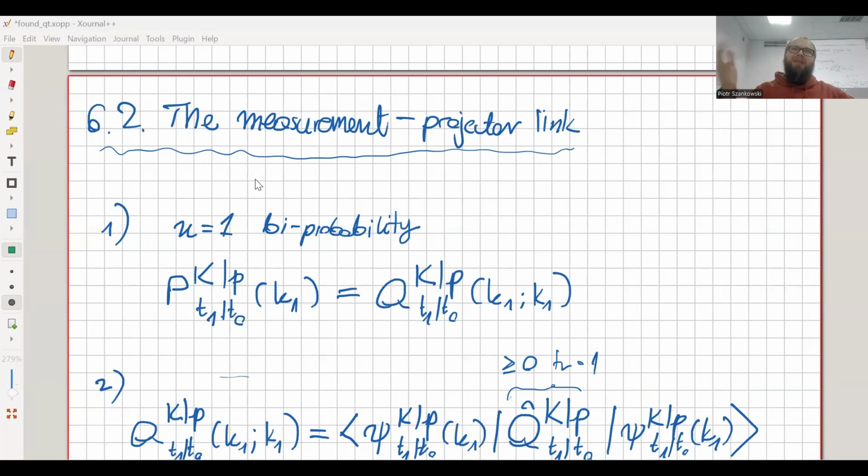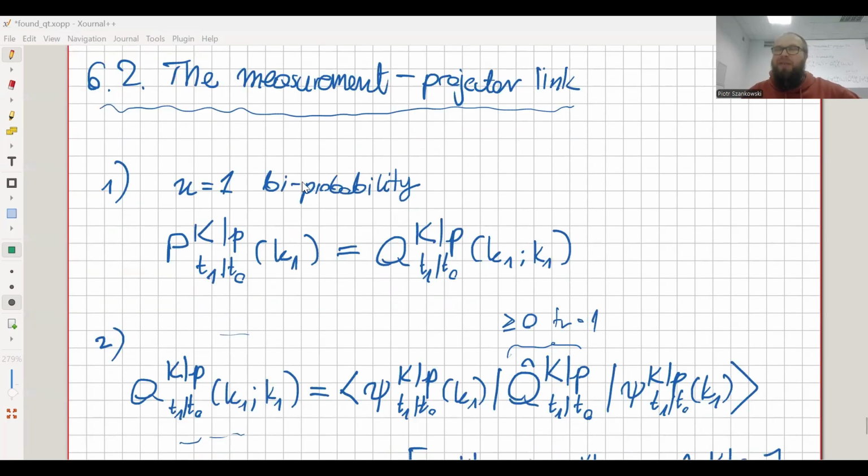That measurements are somehow connected with the action of a projection operator on some Hilbert space. So we want to establish that thing here. And to do that, if bi-probability works as an inner product in Hilbert space, then in particular, the single time n=1 bi-probability also has one of those representations. And so we did that.